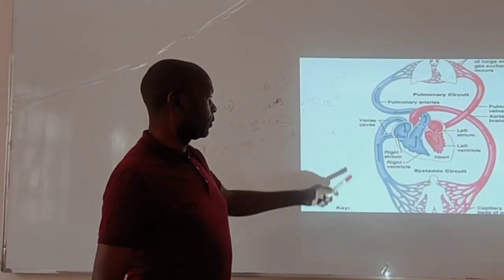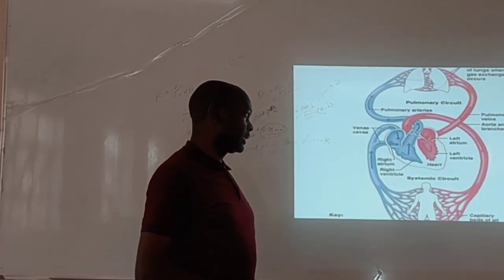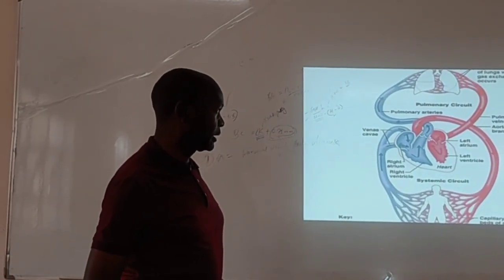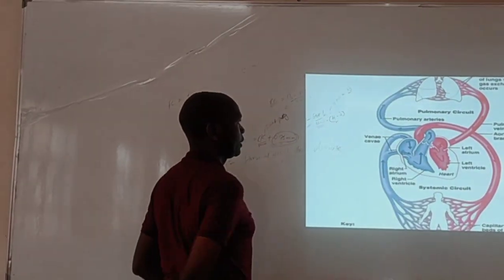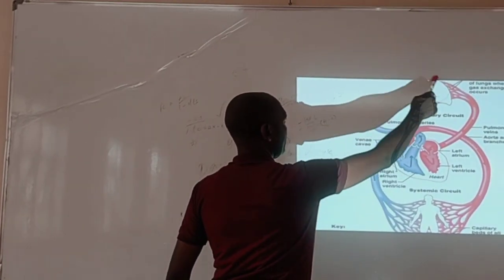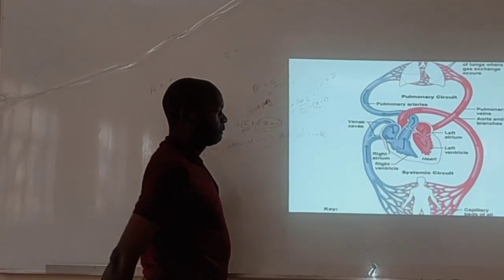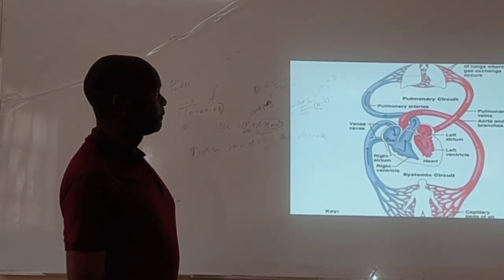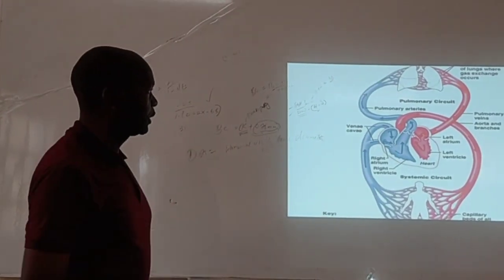So when you look at this diagram here, it is a pictorial representation of the circulatory system. What you see in the middle is the heart. What you see up there is the lungs. What you see down here is the human body. What you see in blue is blood without oxygen.